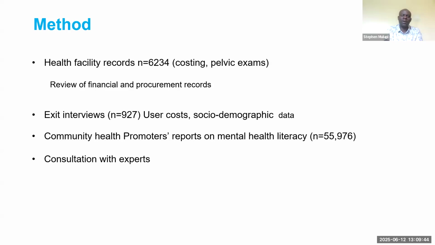And we got community health worker reports from their supervisors about the reach of mental health literacy. And you see there, we achieved around 55,000 women, people in the community who had received this literacy. We consulted with the experts to understand how service should be provided, and that informed the resources and other plannings.